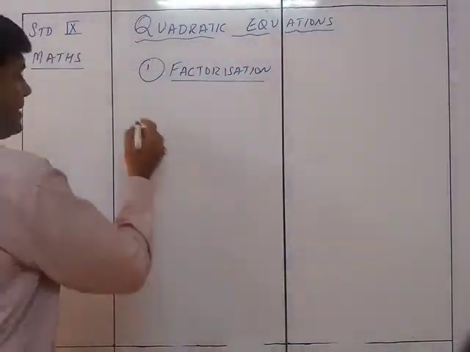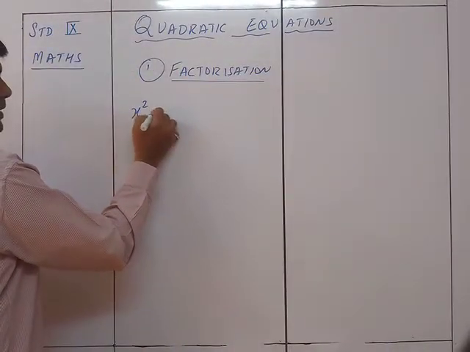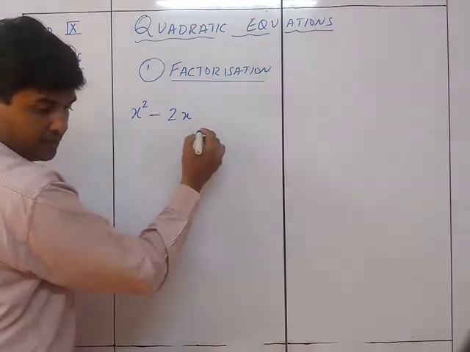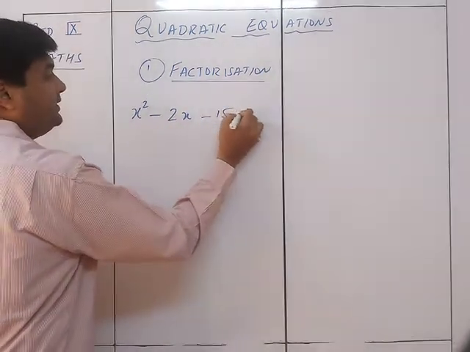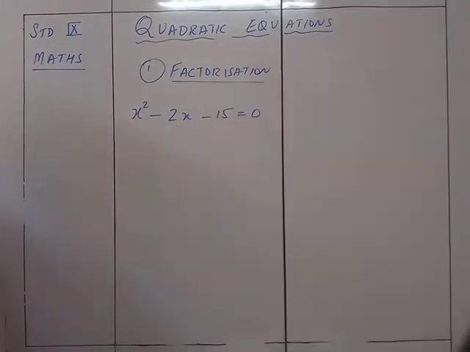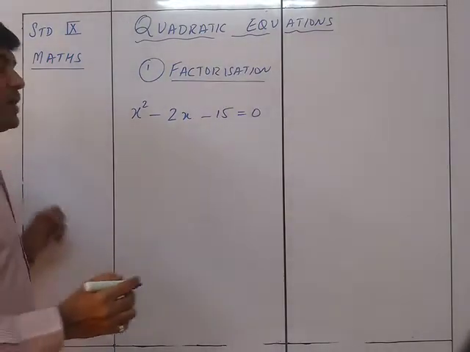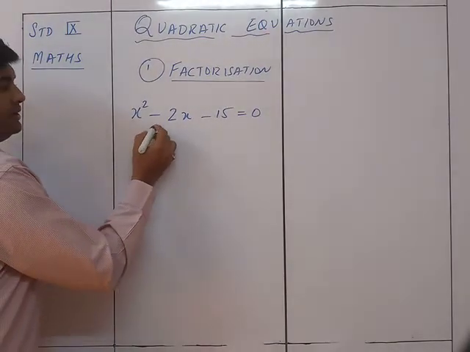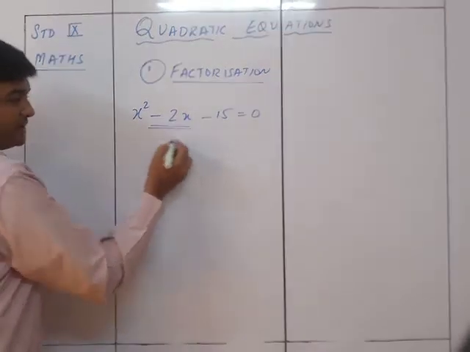So here, for example, the question is x square minus 2x minus 15 is equals to 0. The middle term is minus 2x.